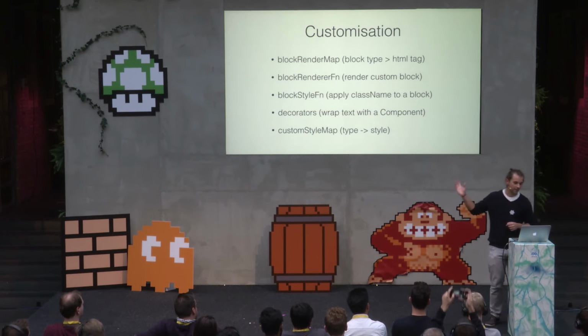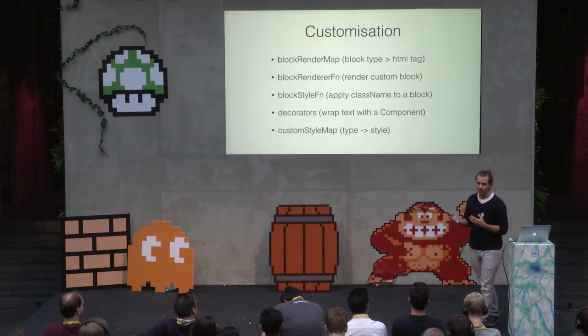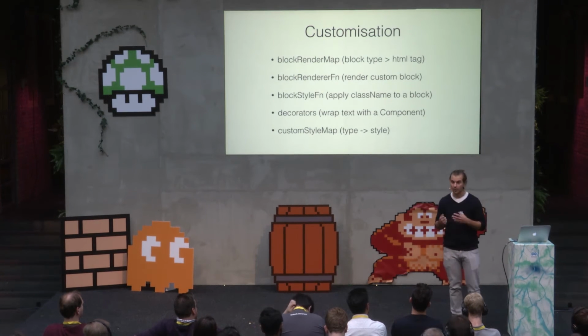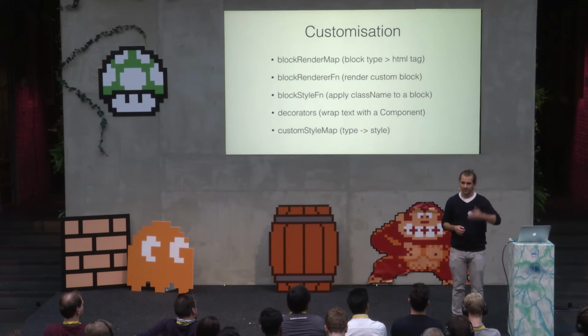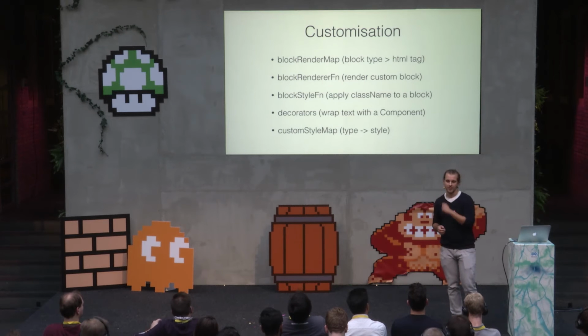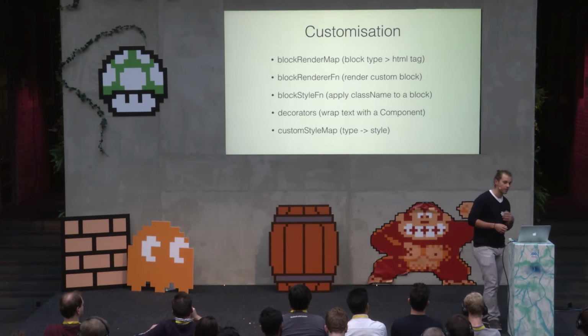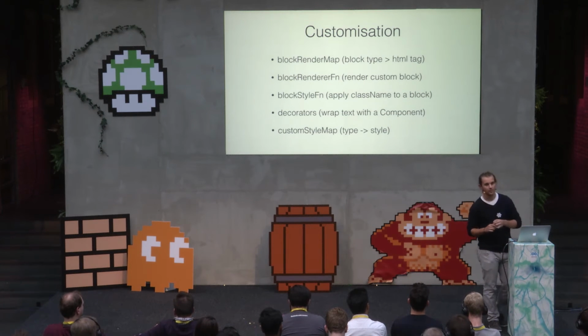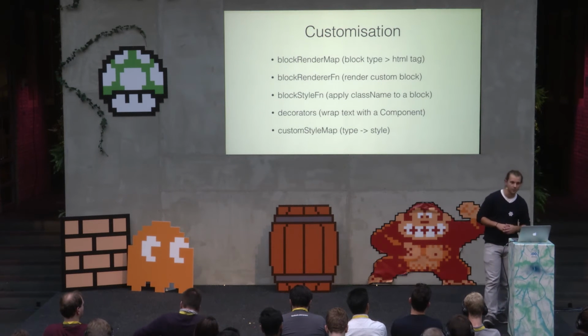There's the block render map, because I already told you we have block types. Then you basically have this mapping, and you can define what type should render to which HTML tag. We have a block render function. In this case, you could completely customize how blocks are rendered, which you're going to use if, for example, you have a block type of sticker, I could customize and render a custom sticker block.